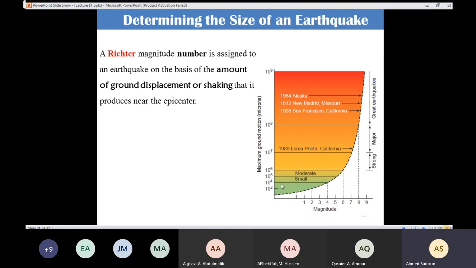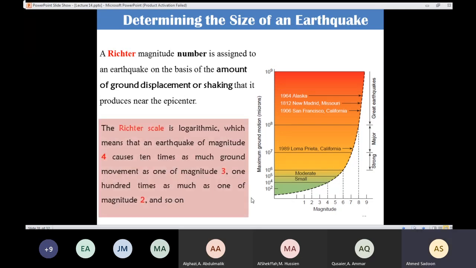So here we have a graph. In the x-axis, we have the magnitude. It's from 1 to 10. And in the y-axis, we have the maximum ground motion. So like you can see here, the curve is not linear.